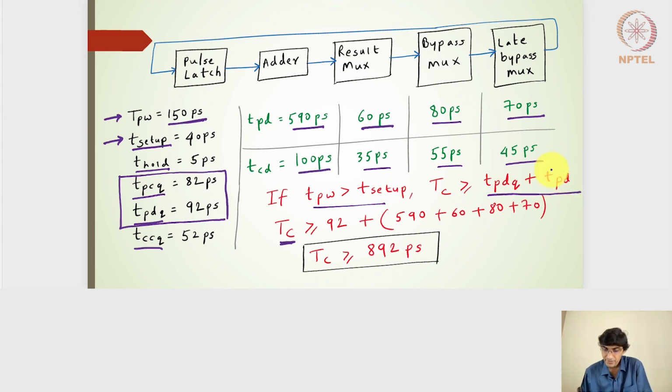TPD for these four combinatorial circuits is 590 plus 60, 650, plus 80 plus 70, so it turns out to be 800 picoseconds. And TPDQ of the pulse latch is 92 picoseconds. So the clock time period is greater than or equal to 892 picoseconds. The minimum clock time period should be at least 892 picoseconds without any setup time problems.